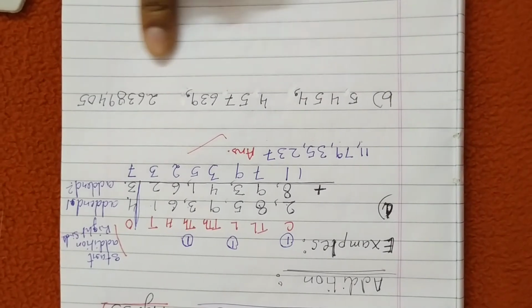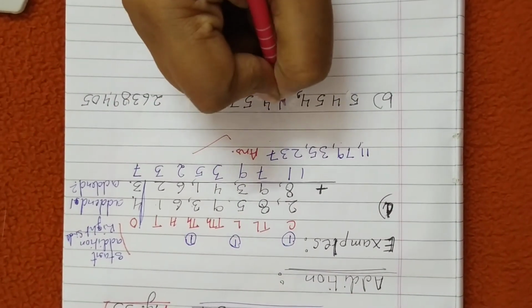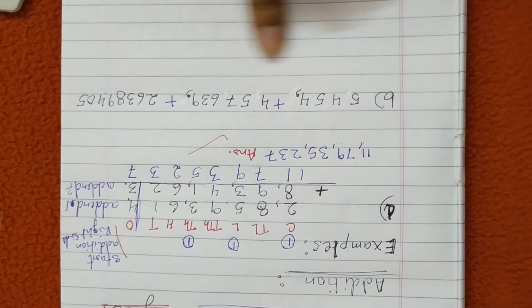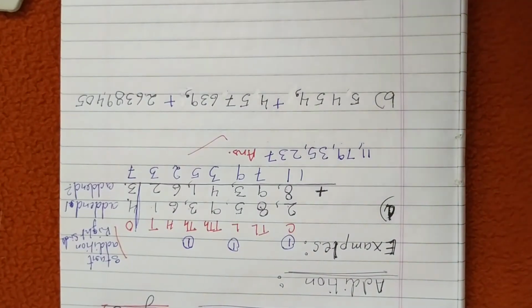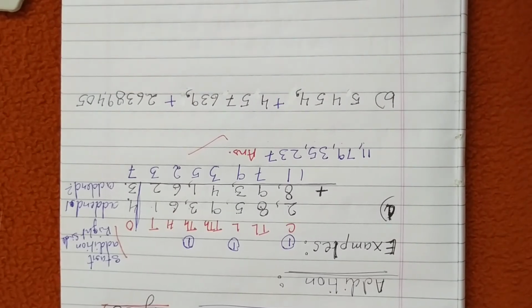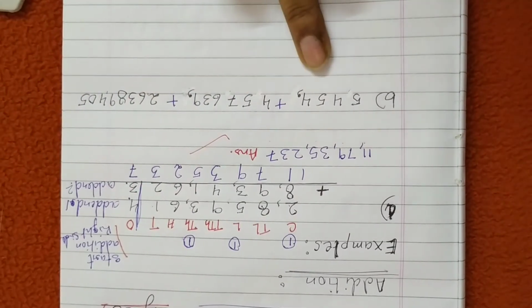Now it is given as a horizontal statement. We have to add this. Can we add like this? No, we cannot add like this because it is pretty difficult. So what do we have to do? We will first arrange these addends in a vertical way.